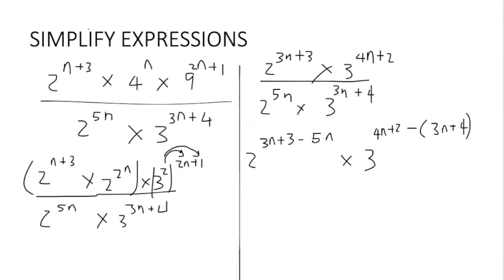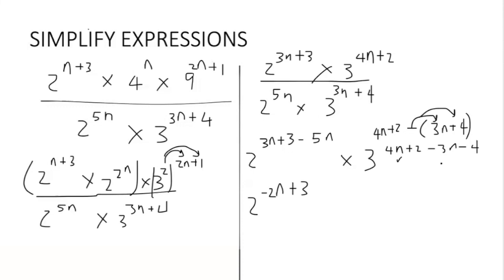Now here, 3n minus 5n, that's going to give me minus 2n. So I can quickly say minus 2n plus 3. But this part we have to be careful because the sign affects everything that we have here. So by right, what we have is 4n plus 2 minus 3n minus 4.